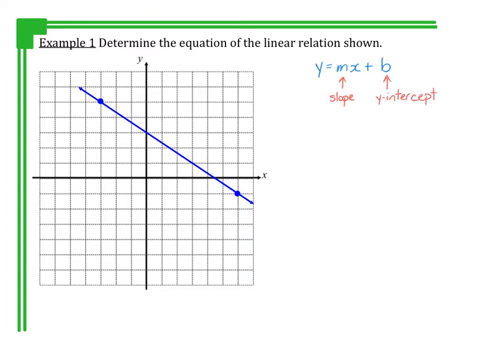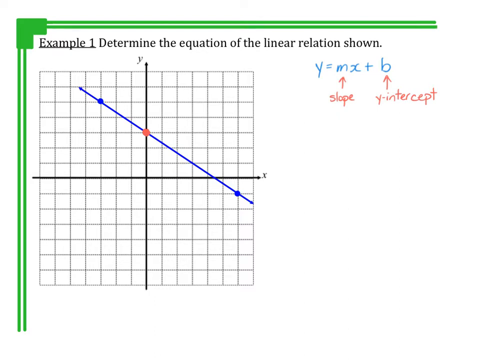Let's look at the graph. Let's start with the y-intercept, because here's our line, and where it crosses the y-axis is right here. I think the y-intercept of this line is 3.